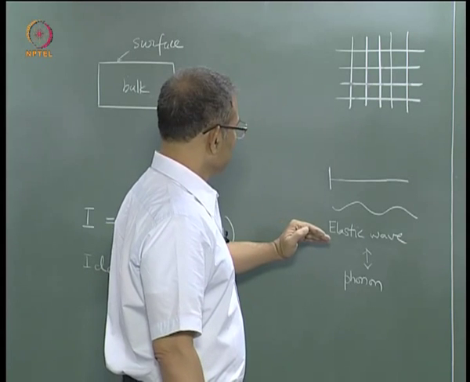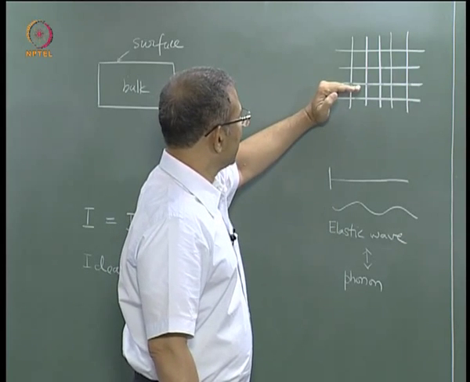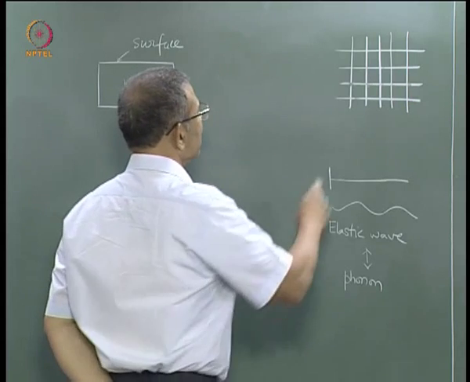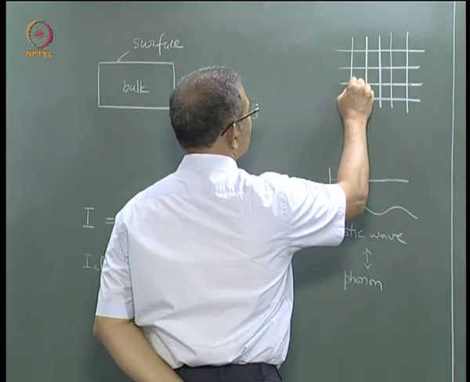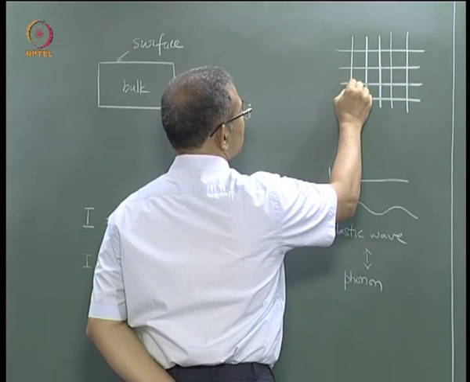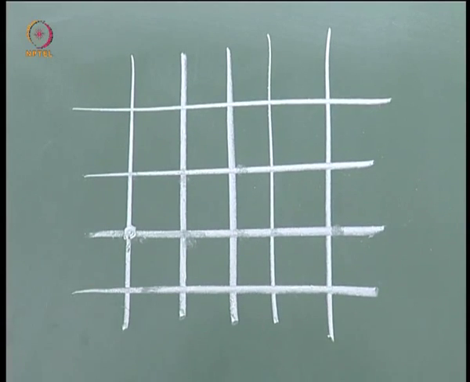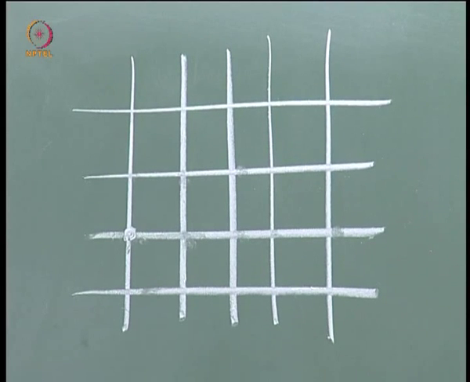Now a vibrating silicon atom can also give rise to electromagnetic waves. How? Let us magnify this point and show the details of the atom consisting of the positively charged nucleus and the electron cloud around it.